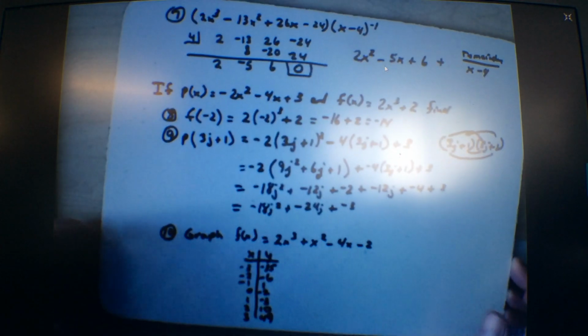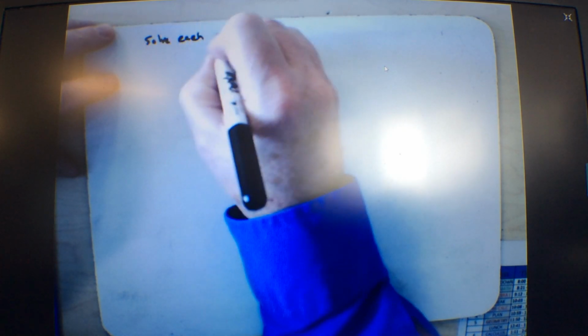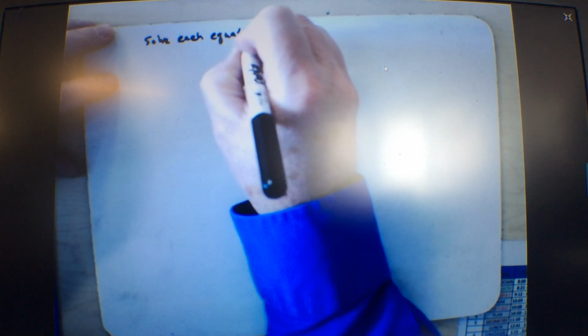Any questions? All right, so then we're moving on. We want to solve each equation. I don't know which number I'm on. 14?